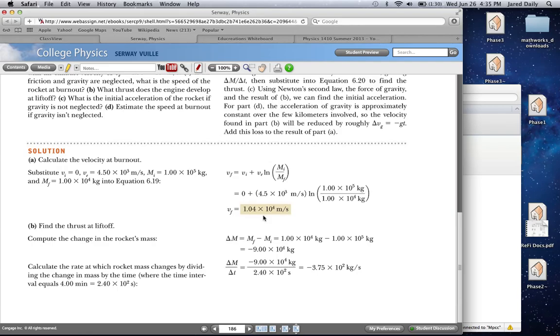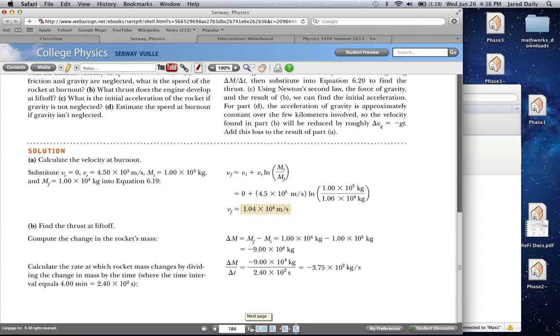To find the thrust at liftoff, you're going to need your delta mass. So delta mass is going to be 1 times 10 to the 4th minus 1 times 10 to the 5th. So your burnout mass and your initial mass. Take that difference in mass, and it's negative 9 times 10 to the 4th kilograms, and then you take that and divide it by delta T, and you get negative 3.75 times 10 to the 2 kilograms per second.